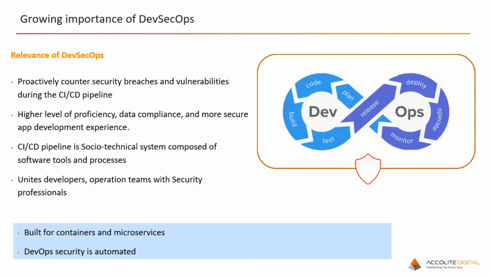DevSecOps solves the problems around risk, security consciousness, velocity, and software quality. Let's see why and how. In the past, the role of security was isolated to a specific team in the final stage of development.